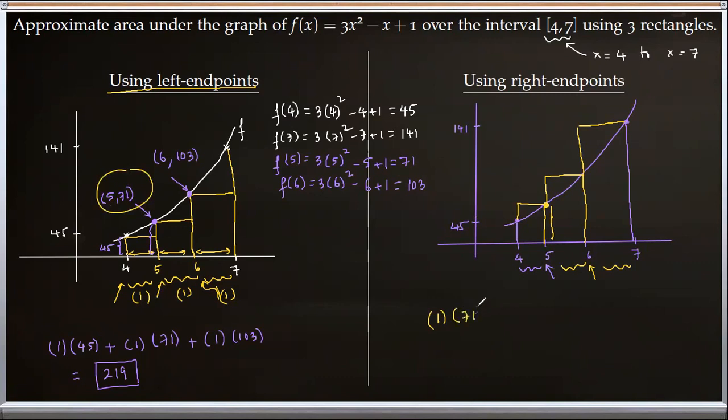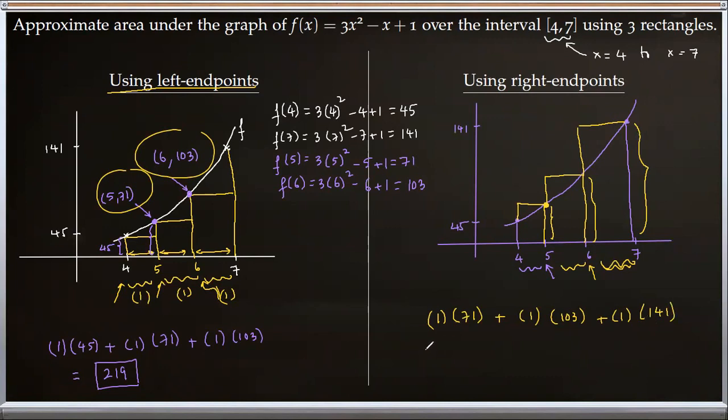So that is 71 plus, for the second rectangle, again the width is 1 times the height of this rectangle. We found that to be 103 over here. And in the third rectangle, we again have width 1, and height is given by this length, and that we know is 141.